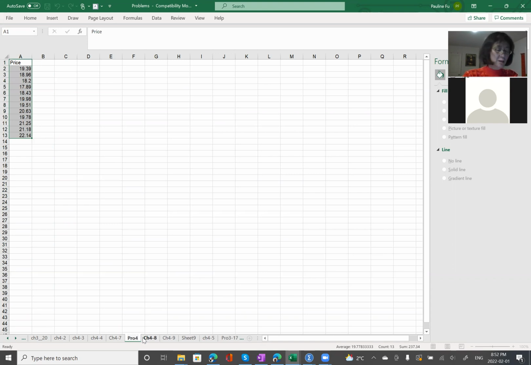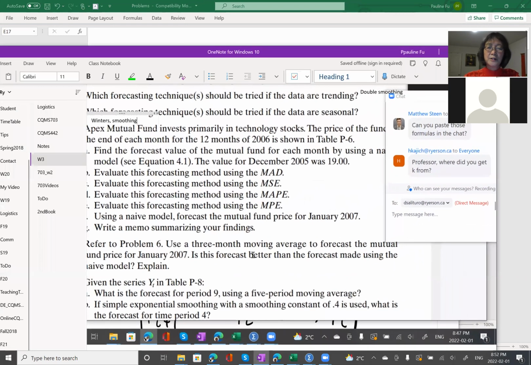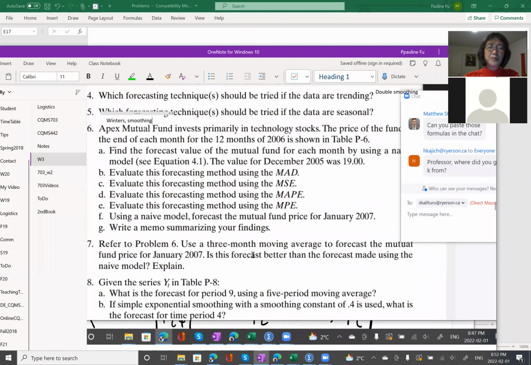Problem 4 and then 6, P6. All right, so what is the question here? So this is the price for each month for 12 months. Question A, so we are doing question 6 now.